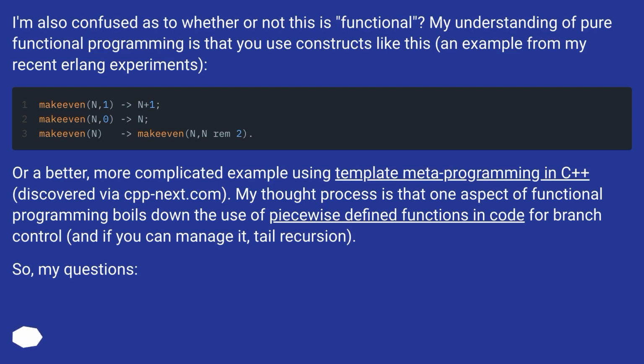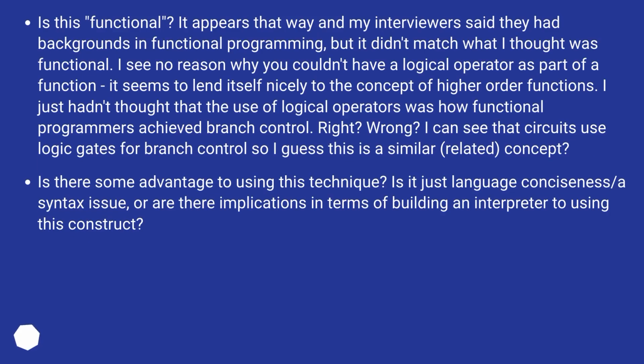My thought process is that one aspect of functional programming boils down to the use of piecewise defined functions in code for branch control, and if you can manage it, tail recursion. So, my questions. Is this functional? It appears that way, and my interviewer said they had backgrounds in functional programming, but it didn't match what I thought was functional.